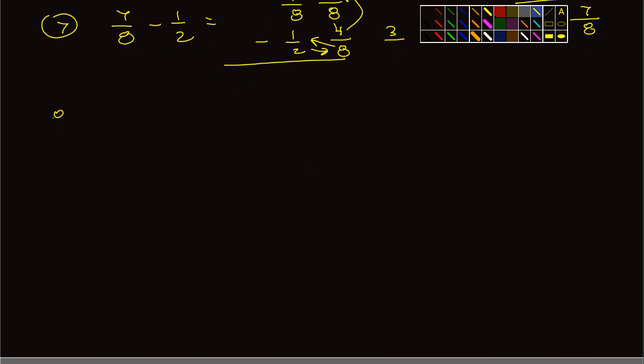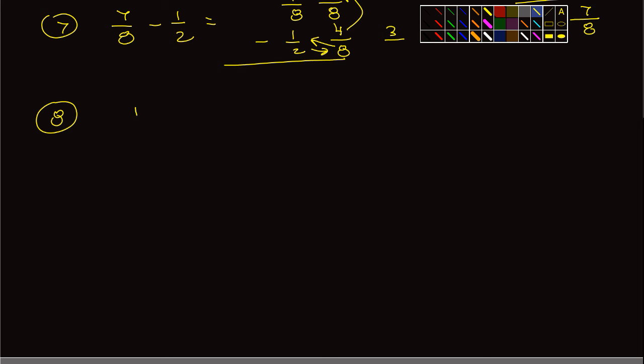Number 8. Okay, so multiplying fractions. I'm kind of drawing a blank if we've done those yet. Maybe not. I might be ahead of the game, but I'll show you now anyways.